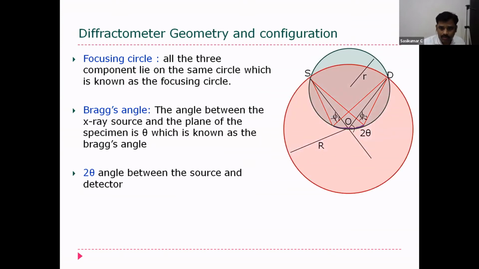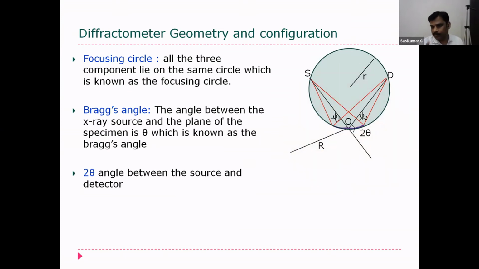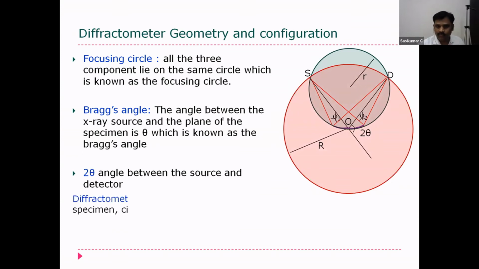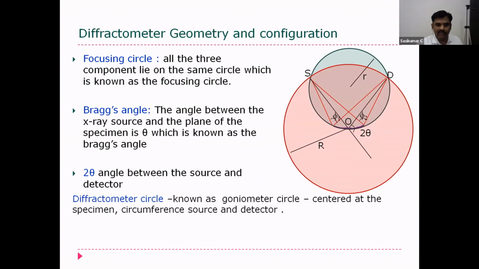You keep the specimen at the center, with the source and detector on the periphery, and draw a circle. This is what we call the diffractometer circle, and this is what we call the goniometer. When we design an X-ray instrument, this goniometer is very important.